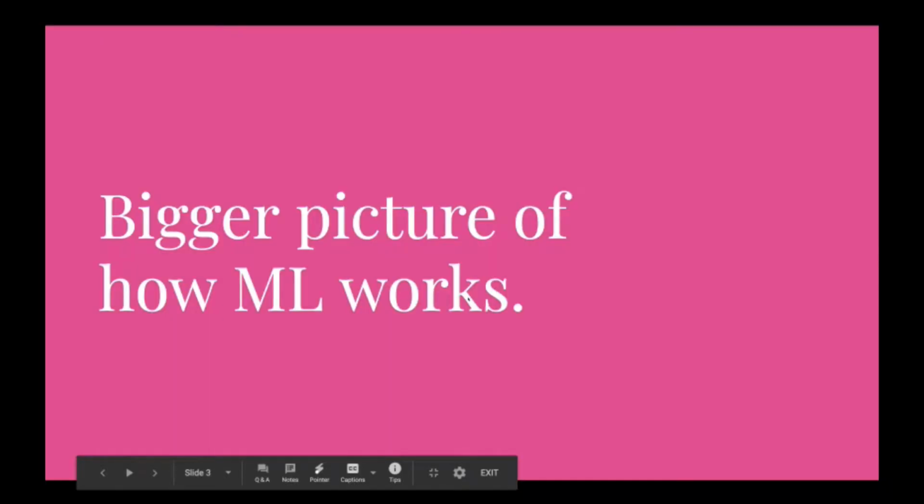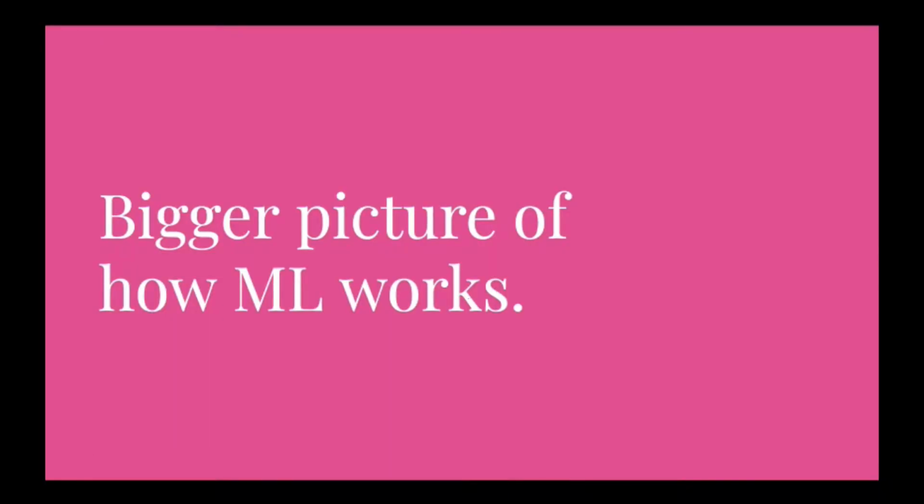All right, so I thought it would be nice to start with a bigger picture of how machine learning works, how AI works, and just what the bigger picture of this whole process and this whole workshop is going to look like.